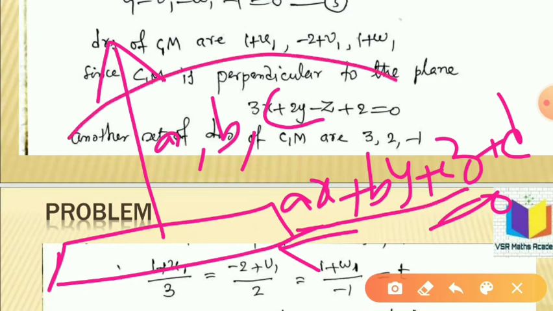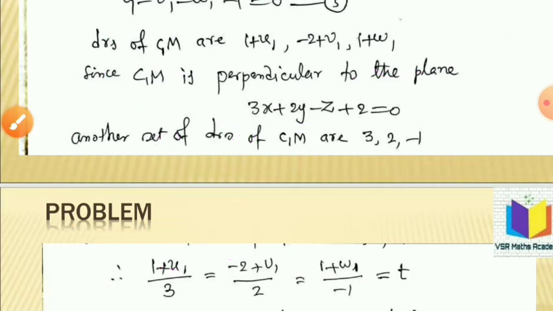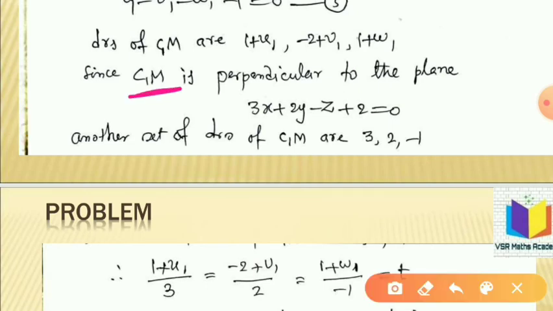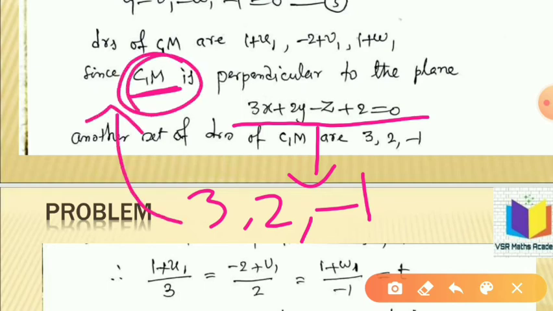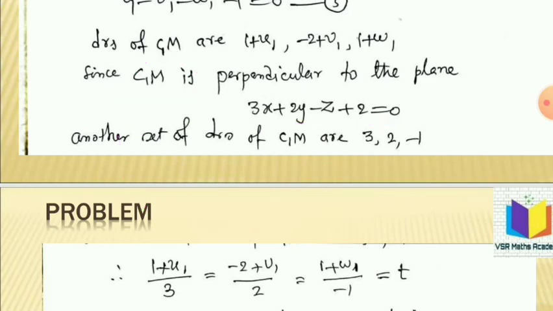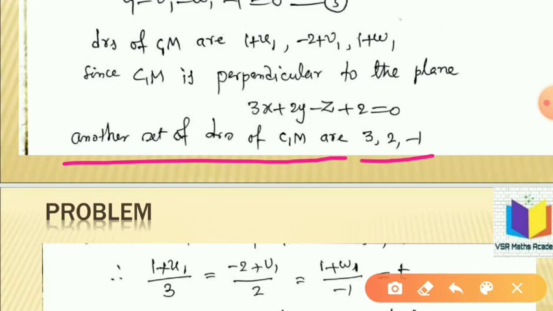By applying the same concept here, since C1M is the normal line to this plane, in this equation 3, 2, minus 1 are coefficients of x, y, z. These are nothing but direction ratios of the normal line, that is C1M. Therefore another set of DRs of C1M are 3, 2, minus 1.